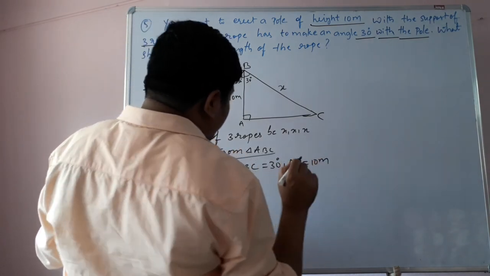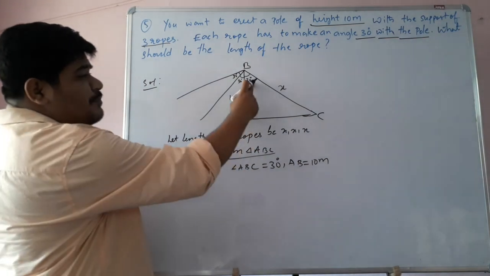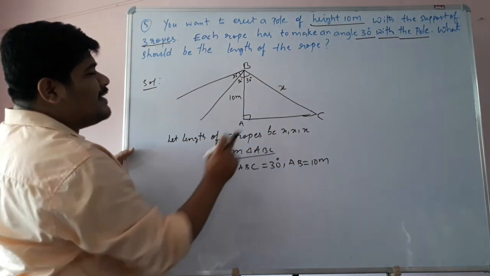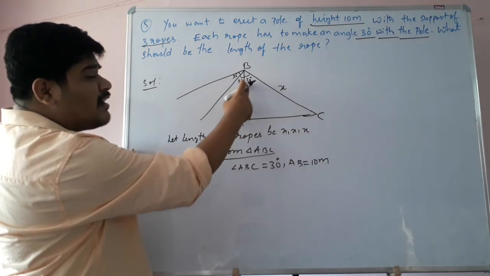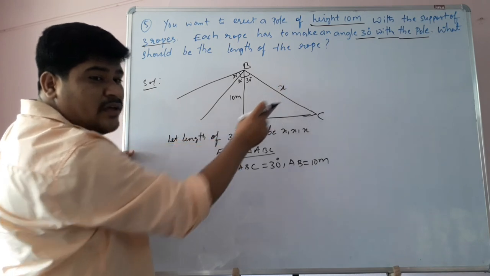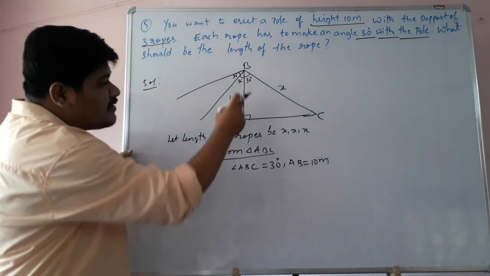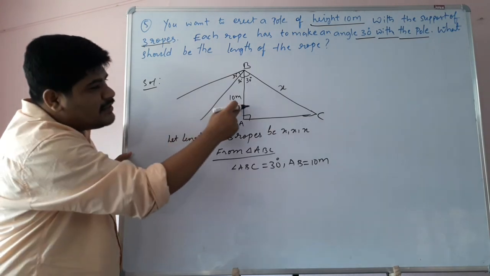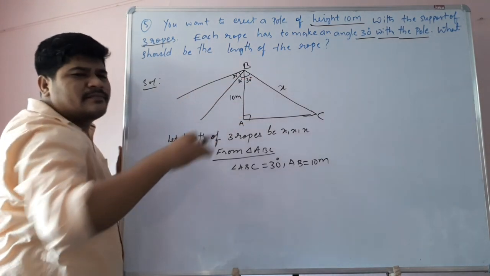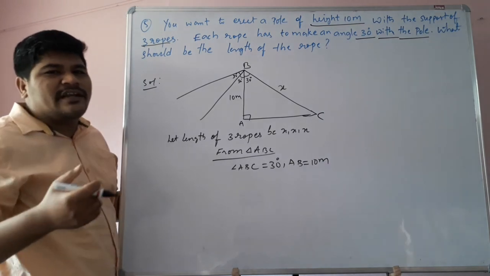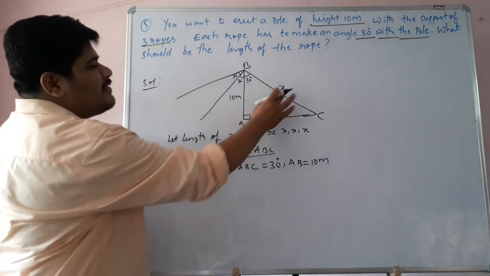Just observe triangle ABC. With respect to theta, adjacent side is there and hypotenuse is there. With respect to this 30 degrees, the adjacent side is 10 meters. The hypotenuse, the longest side of the right angle triangle, the side opposite to the right angle, that is x.